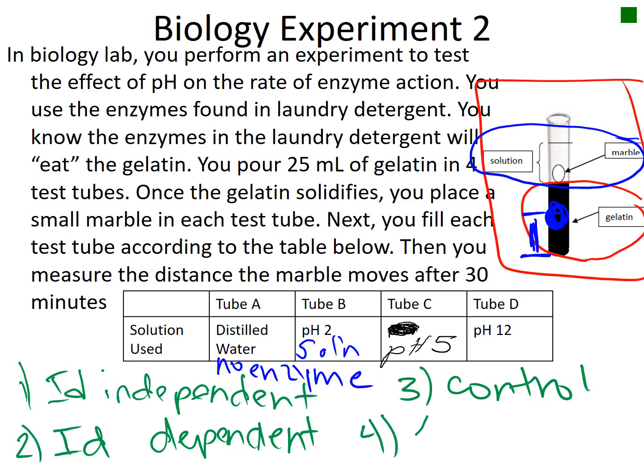And then I would like you to name one constant. All right, we will go over these tomorrow in class and do some more work with identifying independent and dependent variables and answering questions that you may have. Alrighty, see you tomorrow.